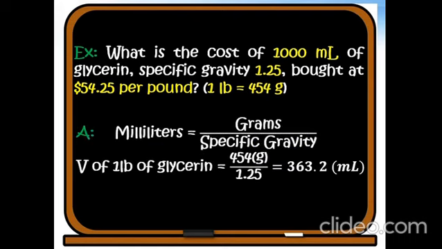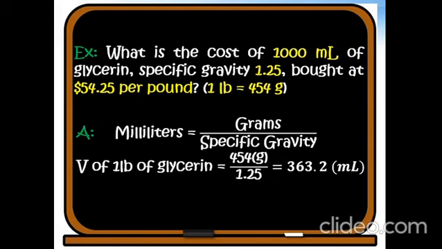So first, you know the milliliters. You can do either way. You can calculate the pound for 1,000 ml, or you can directly calculate the volume for 1 pound, similar to the procedure we used for the previous question.